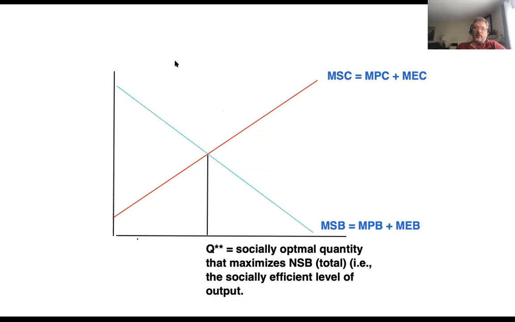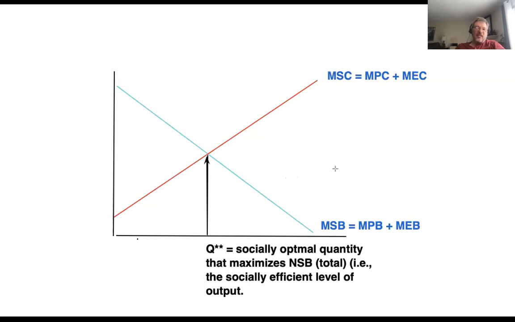Actually, I can probably do a little bit better, by putting an arrow there. It's that quantity. So the important thing to note is that's the socially efficient quantity. It may coincide with the market equilibrium quantity.